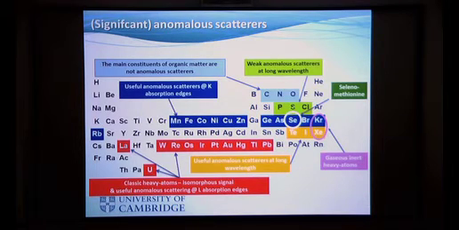The nicest is that sulfur is in there, so we can use what is actually in the protein. And there is selenium for selenomethionine derivative crystals. And again, there are the gases, and then most heavy atoms also scatter anomalously. So there are more chances in this.